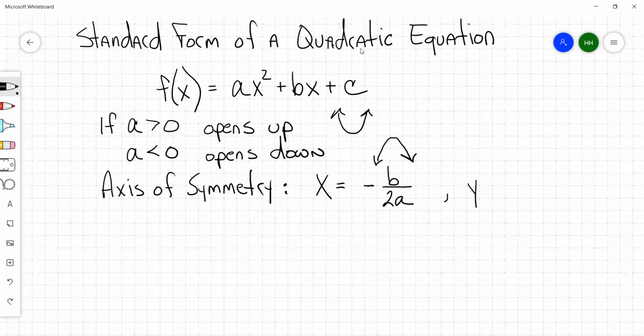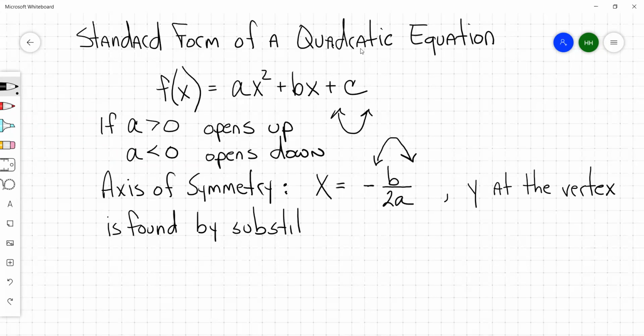Y at the vertex is found by substituting x, substituting x back into the equation.